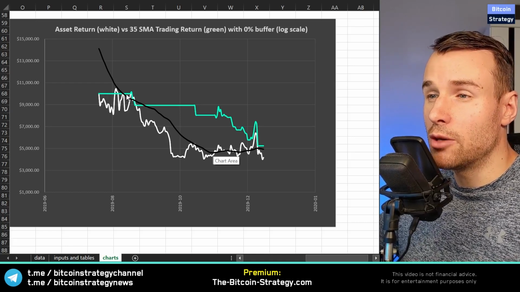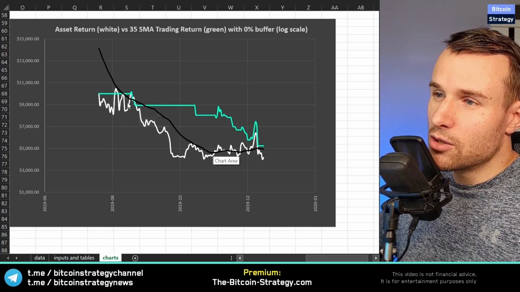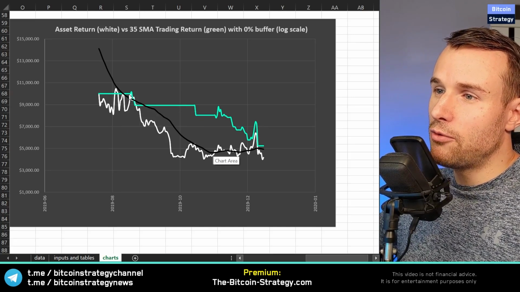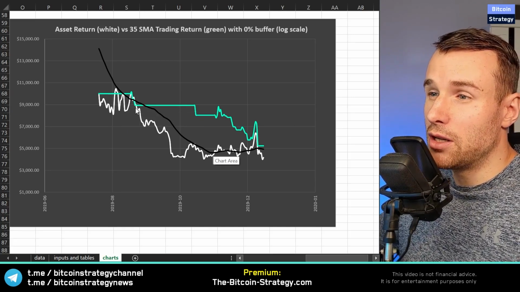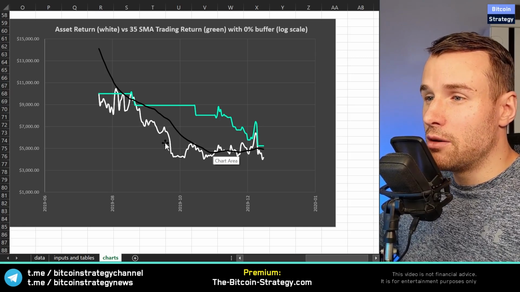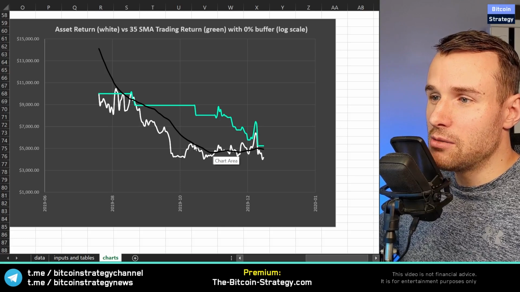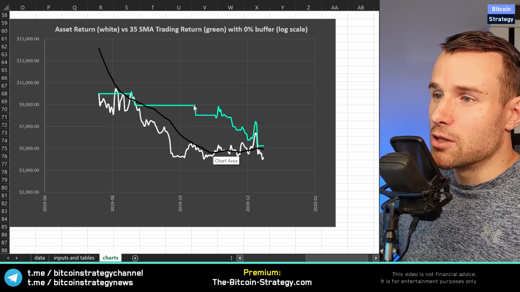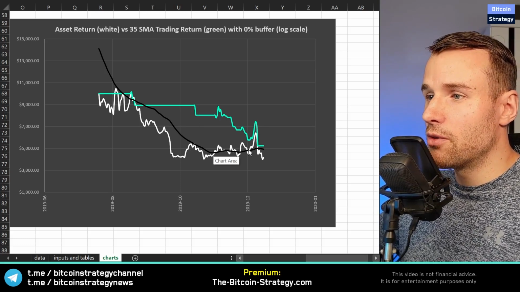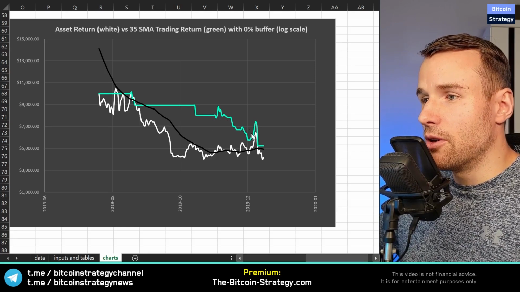So we are 100% in cash. Once the price goes above the moving average, we follow the price movements, right, up until the price close. Then we are again below the moving average. We're just in cash. Here we've got a failed signal, right? This is one of those failed signals. So we crash a little bit, we go above the moving average, and so we follow the price movements again.